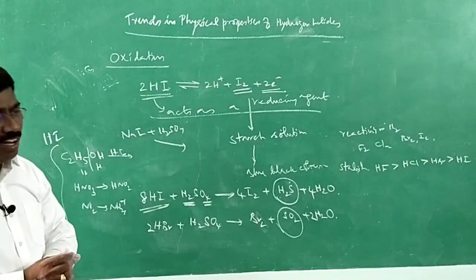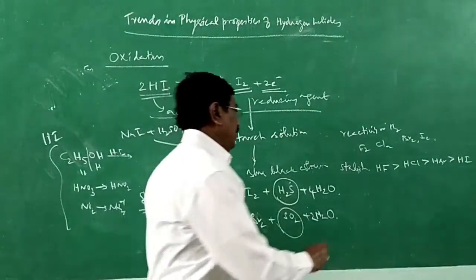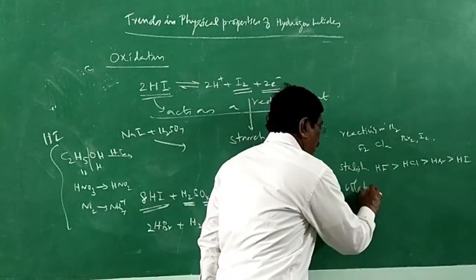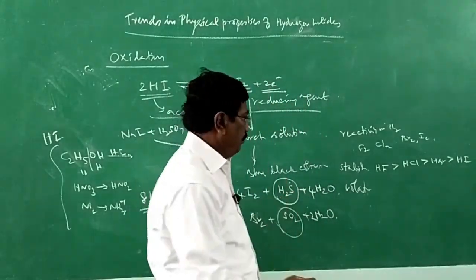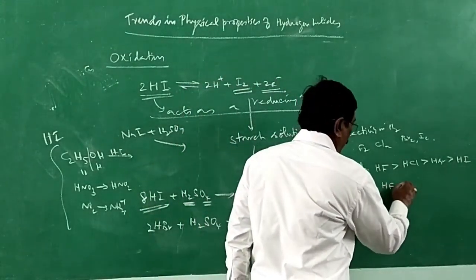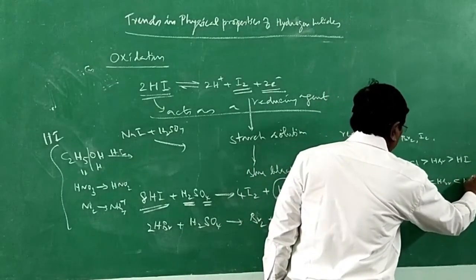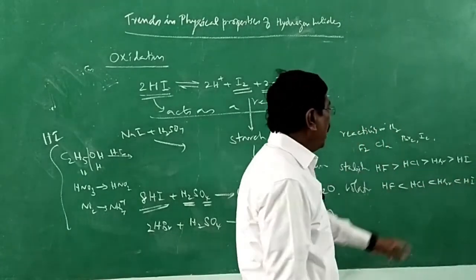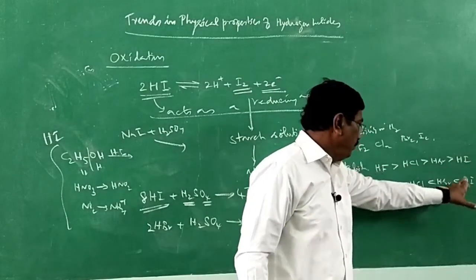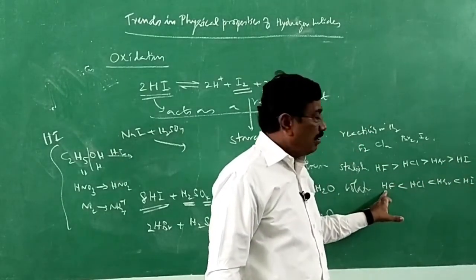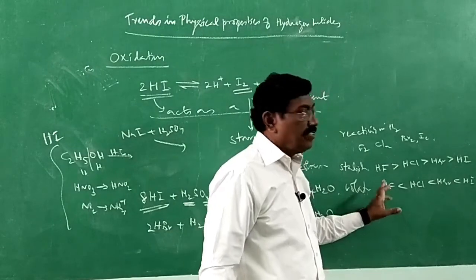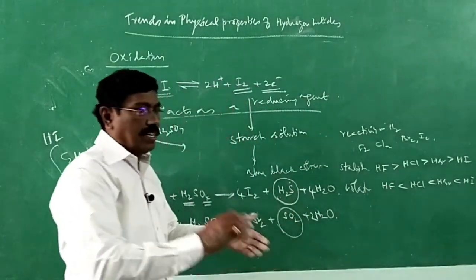And then volatility. That means tendency to become vapor. HF, HCl, HBr, HI. So HI can become vapor very easily. The tendency to become vapor form is less in the case of HF. HF becomes liquid easily.